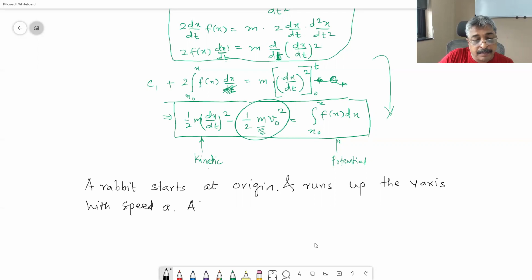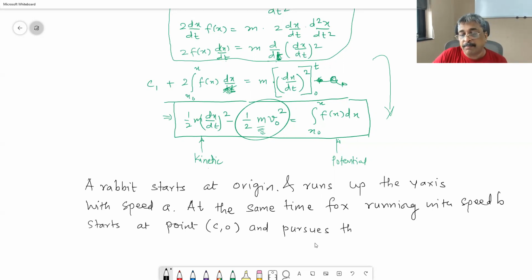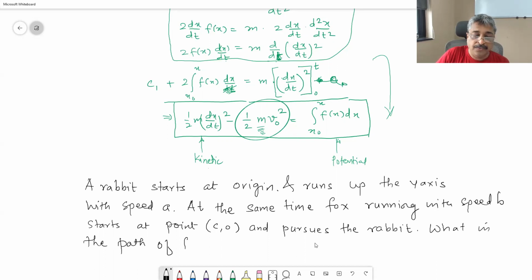At the same time, a fox running with speed b starts at point (c, 0) and pursues the rabbit. What is the path of the fox?